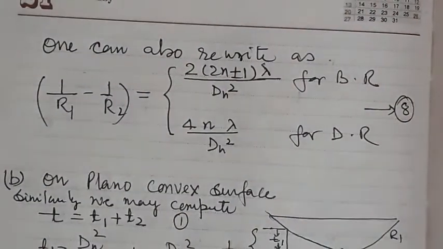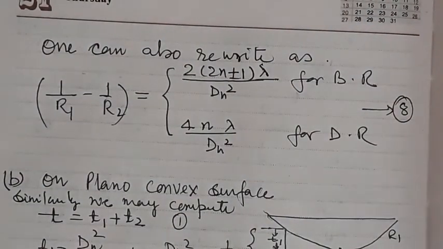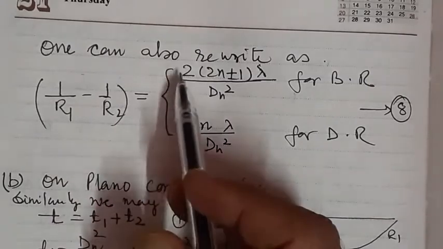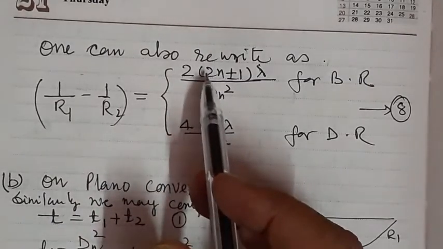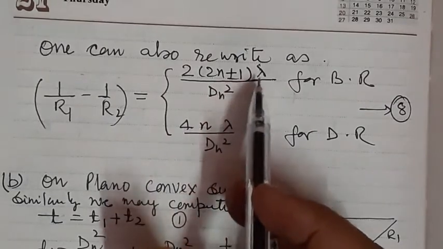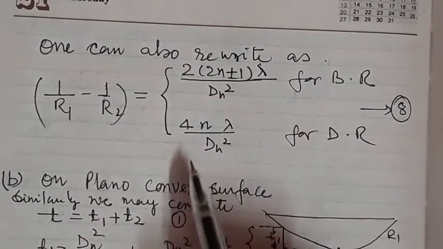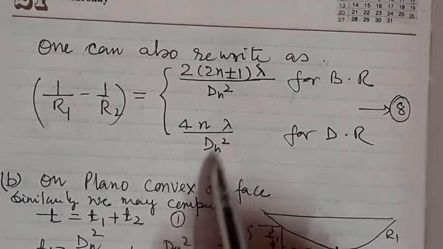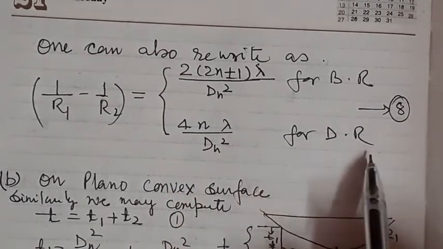The above expression can be written as 1 by R1 minus 1 by R2 equal to 2 times (2n plus or minus 1) lambda upon Dn square for the bright ring and 4n lambda over Dn square for the dark ring.